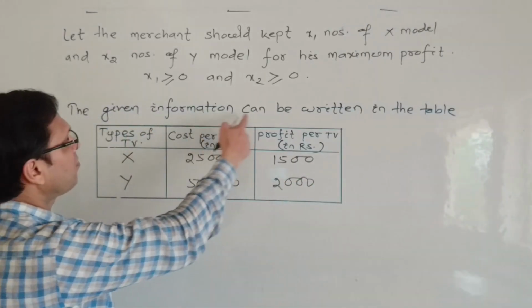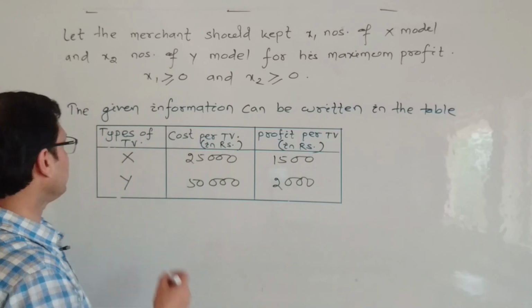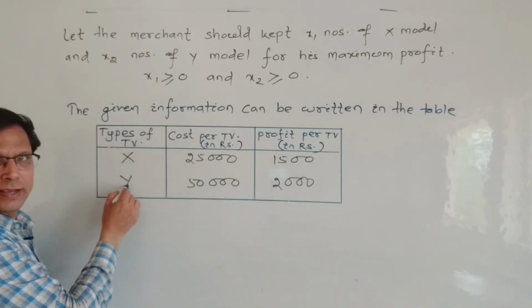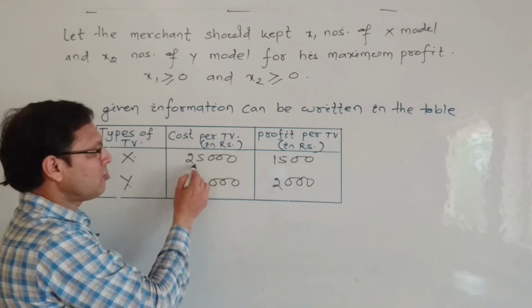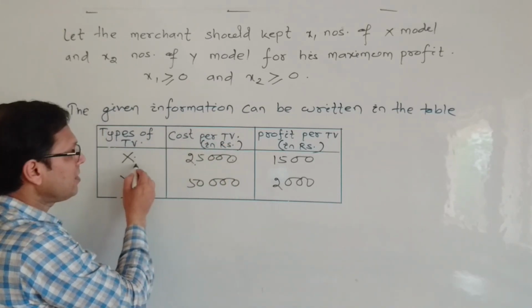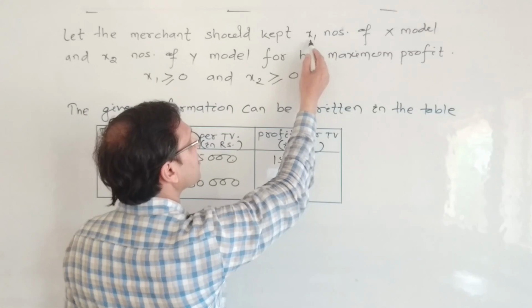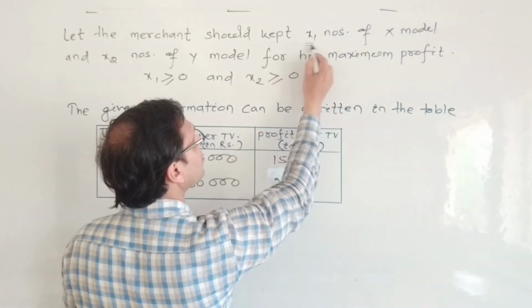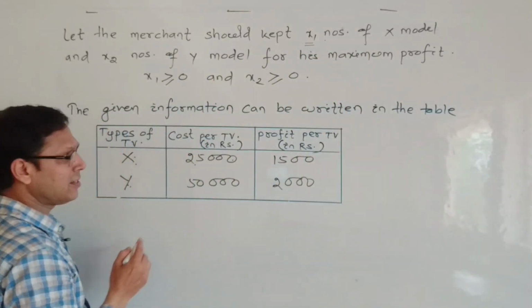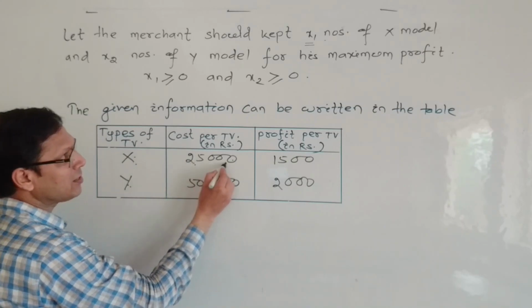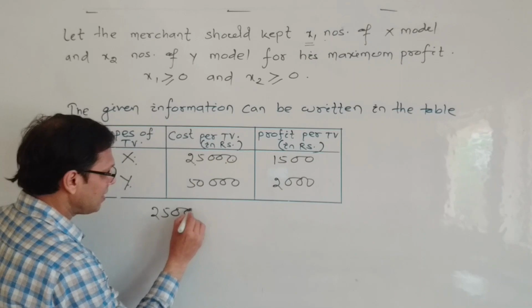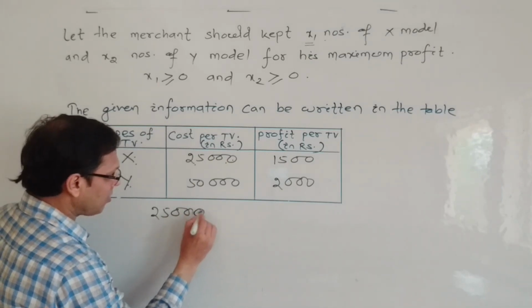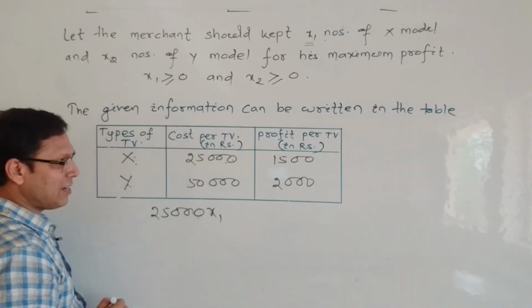The given information can be written in the table as there are two types of TV, X model and Y model. Cost per TV is 25,000 for X model. So how many TVs are there for X model? X1 numbers of TVs. For one TV 25,000, for X1 numbers of TV we have 25,000 X1 rupees.